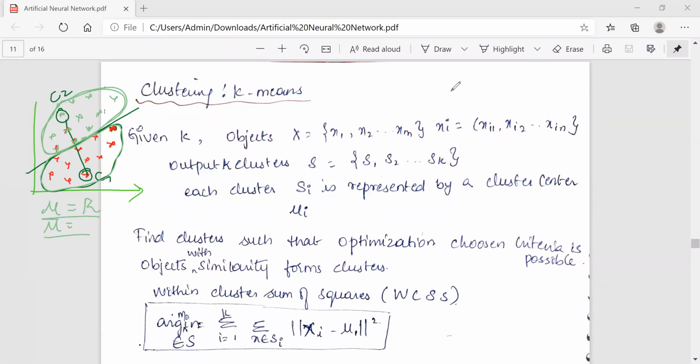I've calculated the distance from here: 1, 2, 3, 4, 5, 6, 7, 8, 9 and 10. When I calculate the average value of it, the new mu value becomes my next centroid, because obviously there will be a change in it. Suppose this was my value, now I'll have this as my centroid. Rather than this, my centroid has been changed because I've got a new mu value.